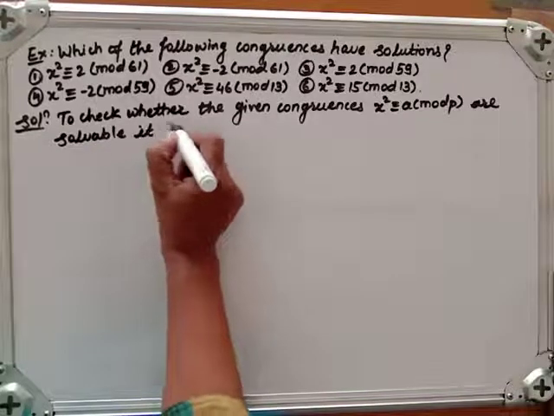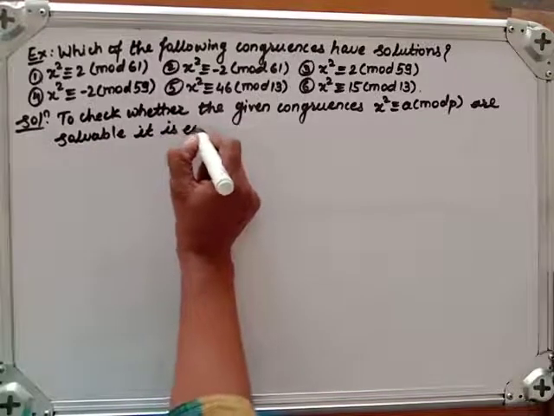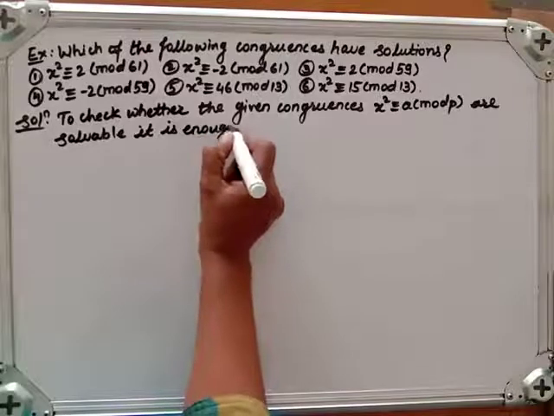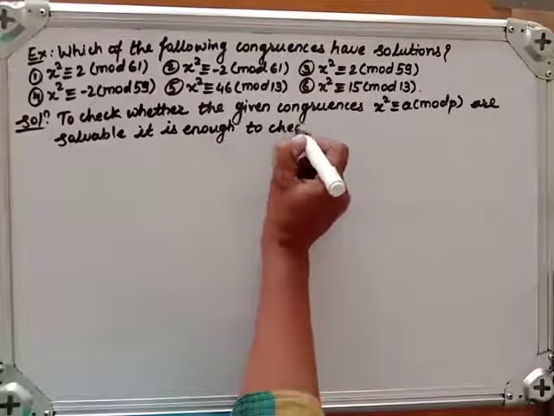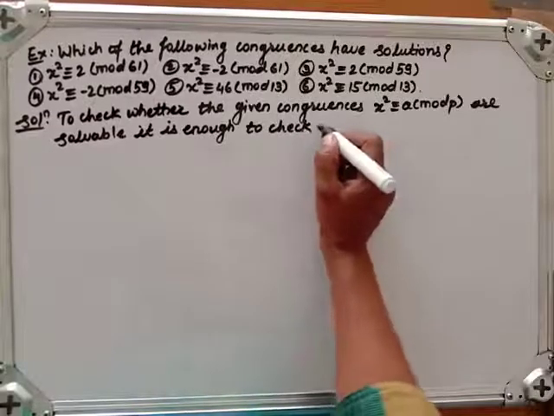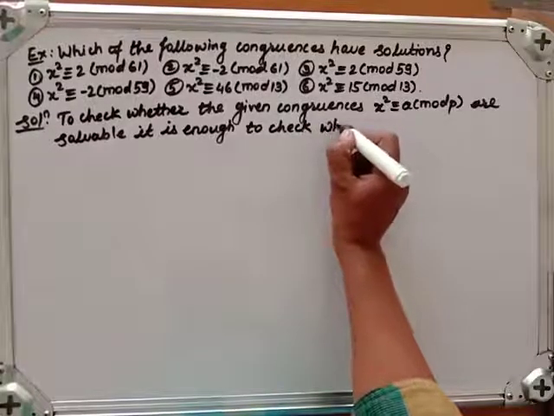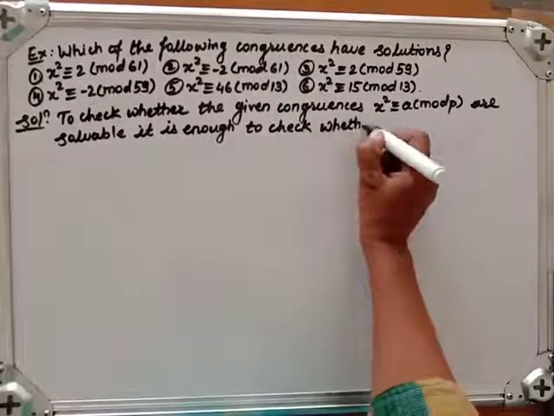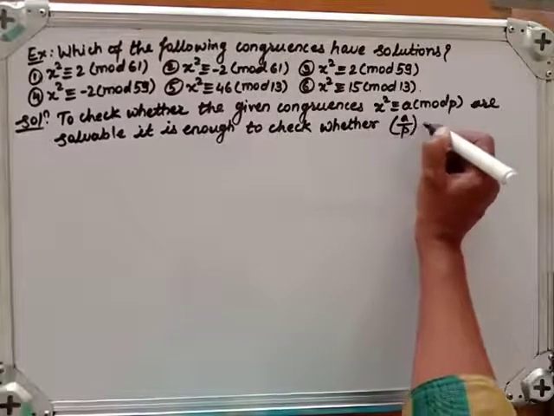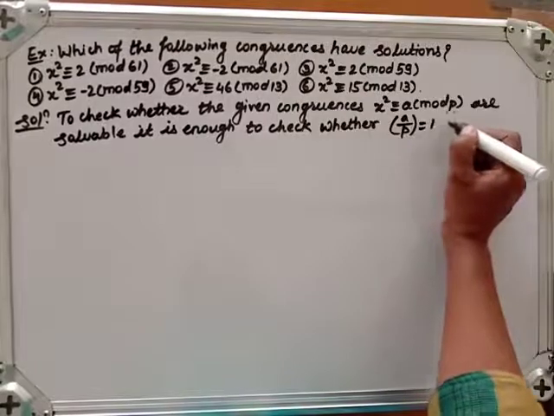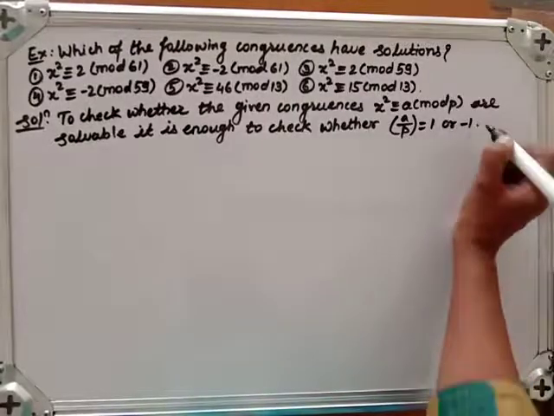It is enough to check whether the Legendre symbol of a over p is 1 or minus 1.